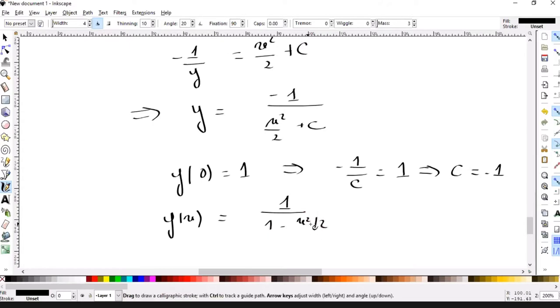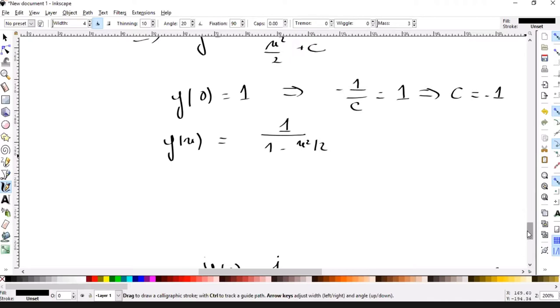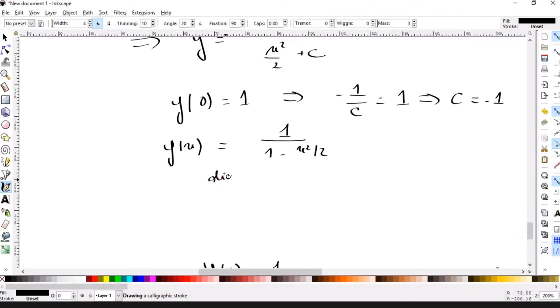Now, as you see, here we have a divergence for x equals plus or minus square root of 2, when this term comes to 0.